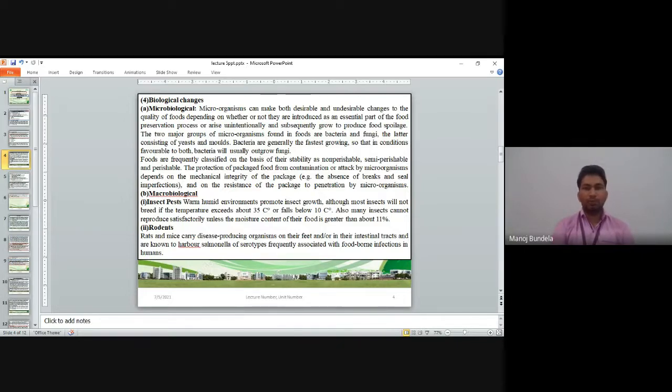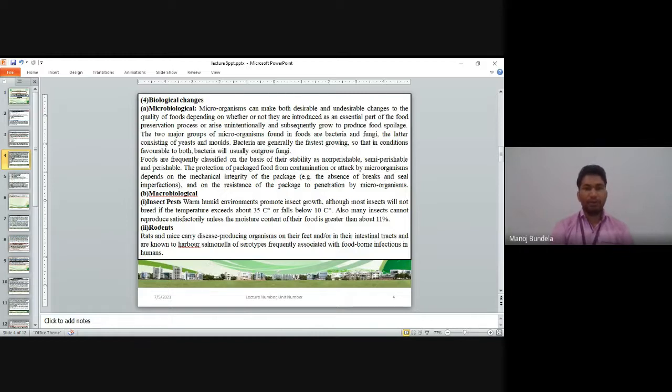The two major groups of microorganisms found in foods are bacteria and fungi. The latter consist of yeast and mold. Bacteria are generally faster growing, so in conditions favorable to both, bacteria will usually outgrow fungi.